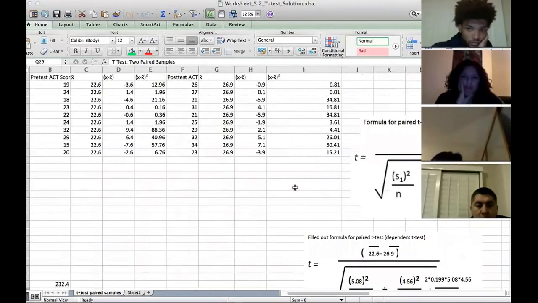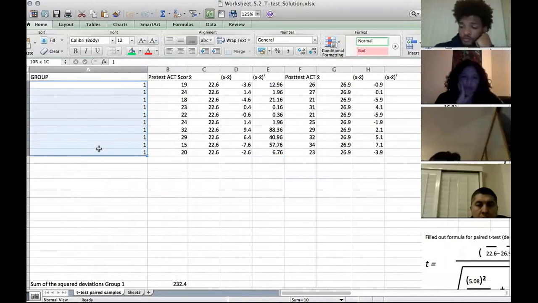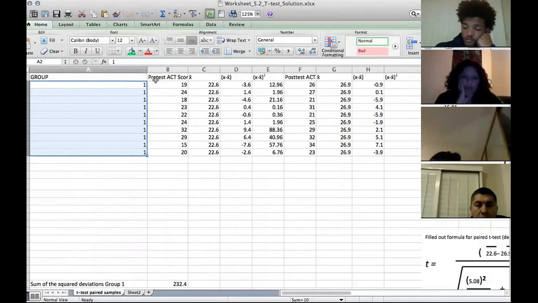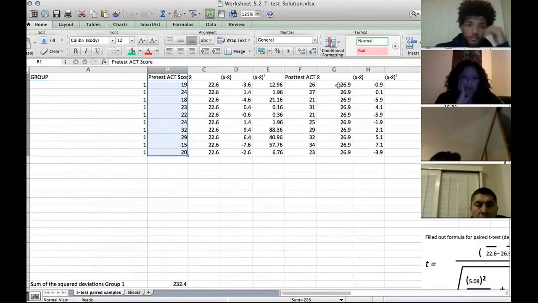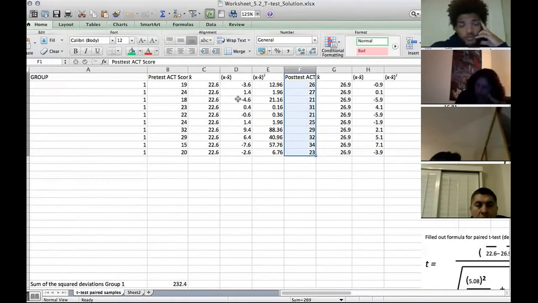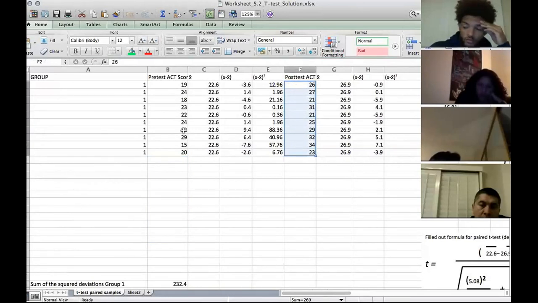All right, cool. Now you notice here, I just have group 1. There's only one group, but we have a pre-test ACT and a post-test ACT. For the example here, I pretended that this was the same group, but really I just copied the numbers from group 2 down here and put them over here as if they were the same people.